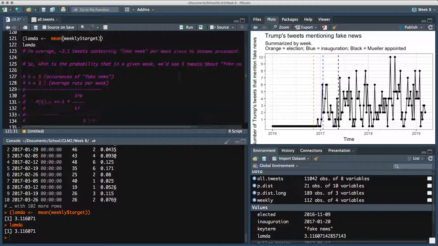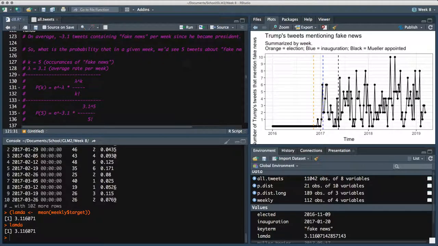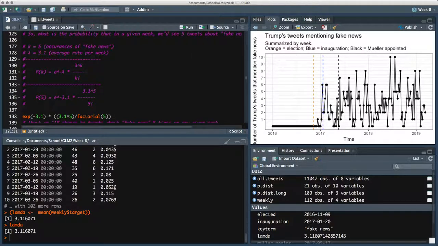Then we can ask, what's the probability that in any given week Donald Trump is going to tweet about fake news 5 times? We know that on average he tweets about it 3.12 times. So what's the probability that he's going to tweet about it 5 times?